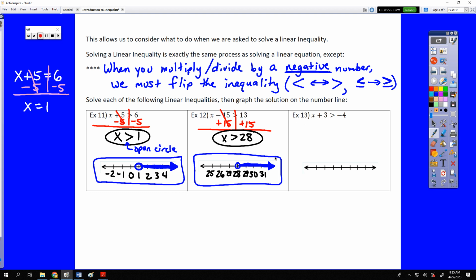Try example 13, please. Those of you at home, pause the video. Try example 13. Okay, go ahead. I saw a few of you do this on your calculator. Okay. That is not that. You've got one too many. We need to do -4 minus 3. So make sure you do the right number of minuses and negatives on your calculator. All right, so to undo +3, we need to... Okay, what do we need to do to solve this?